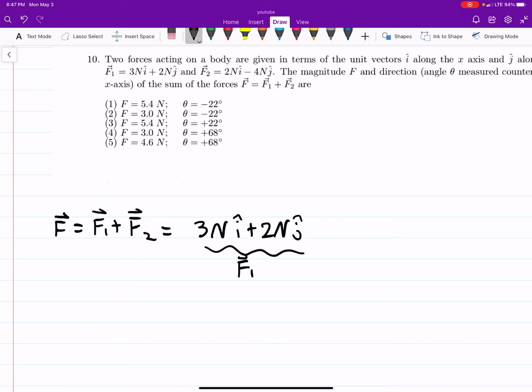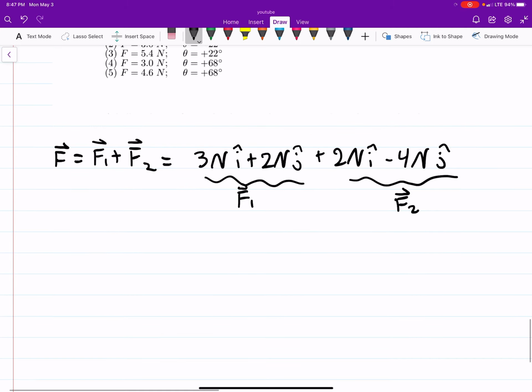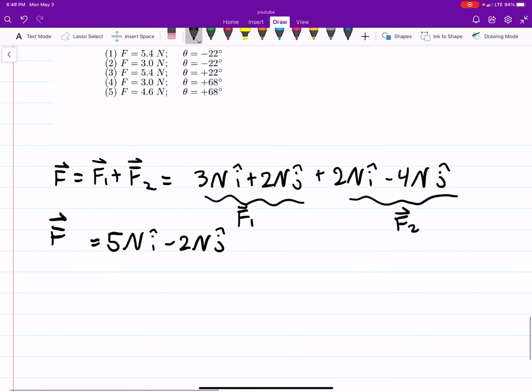This is F1, plus 2 newtons in the i direction minus 4 newtons in the j direction. This is F2. And then we just combine like terms. So this is 5 newtons in the i direction and minus 2 newtons in the j direction. And this is our force.